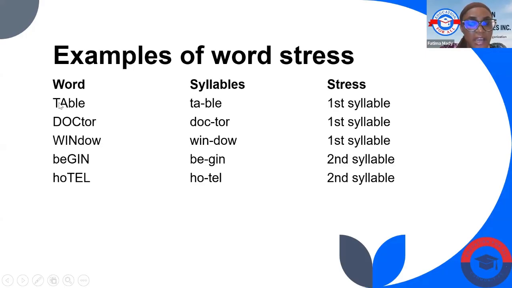T and A are in capital, so that is where the stress is. So table, first syllable. Doctor, doctor, the stress is on the first syllable. Window, the stress is on the first syllable. Begin is not begin.